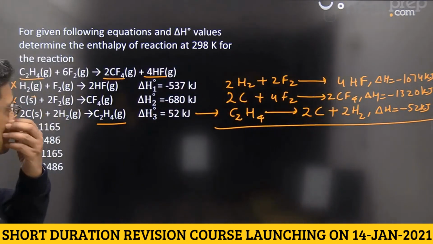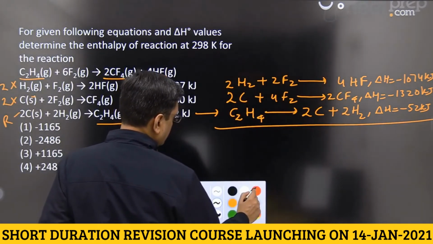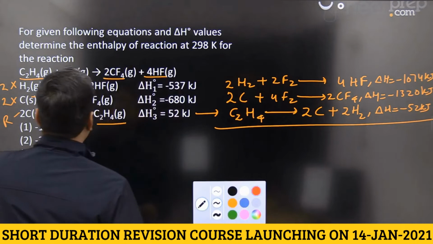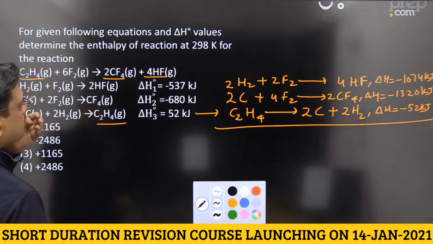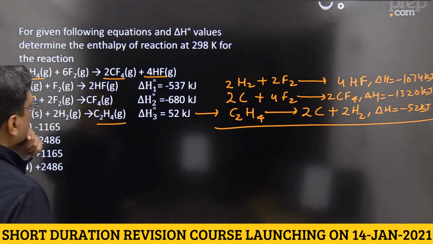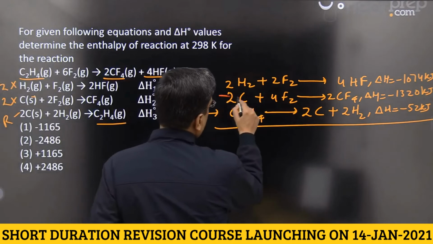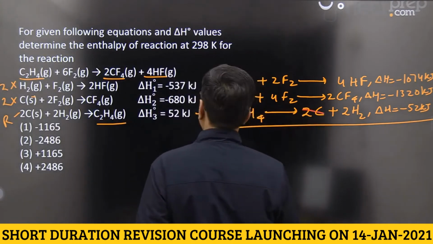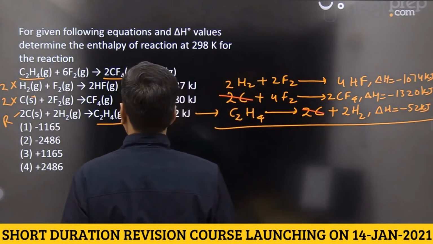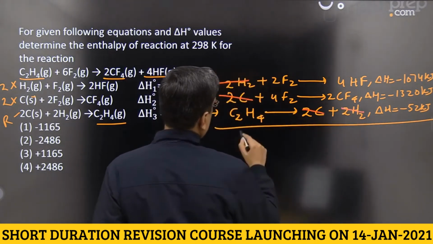See, did you get this equation or not? See here. Which is cancelled out? 2C are cancelled out, and 2H2 is also cancelled out.